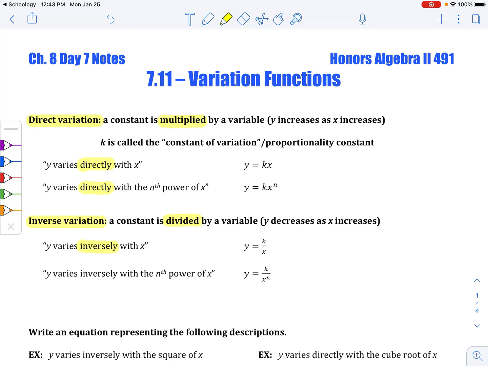You could have y varies inversely, so division, with the nth power of x. So this could be for any power. Y equals the constant divided by x to the power of n. And this n could be any number, and we'll see some examples below. But big thing: direct variation is multiplied, inverse variation is divided.